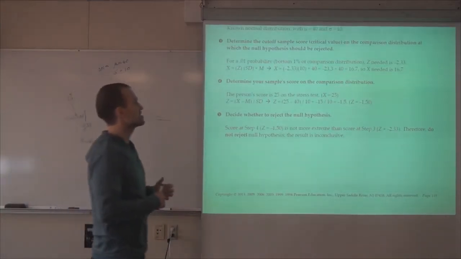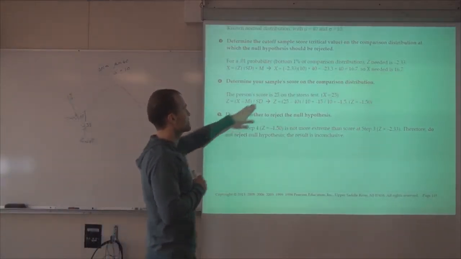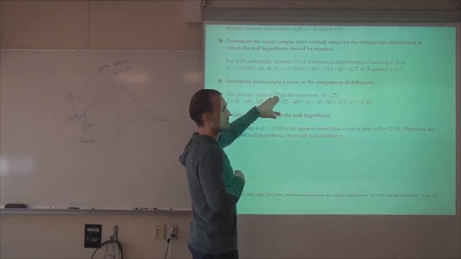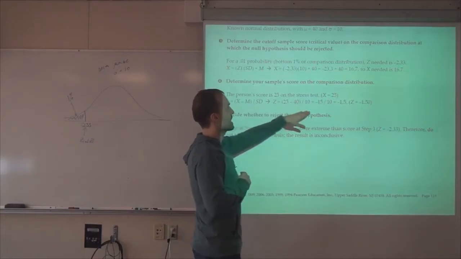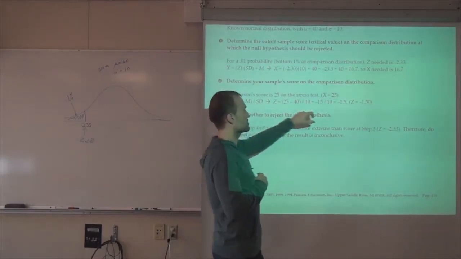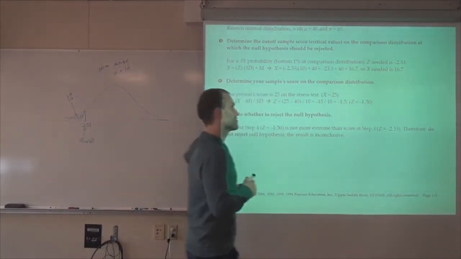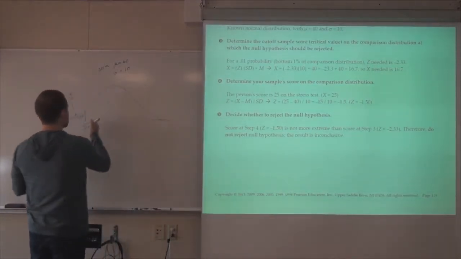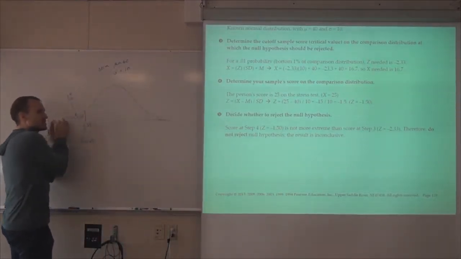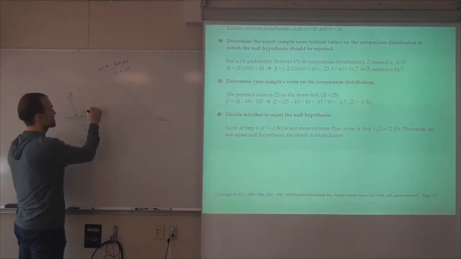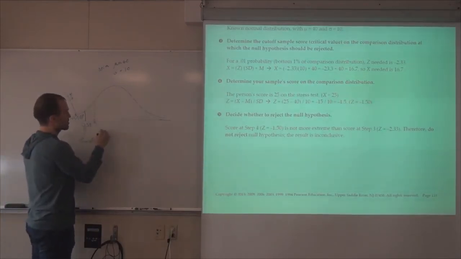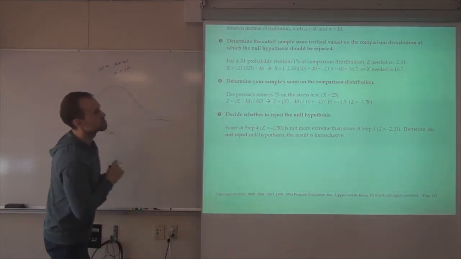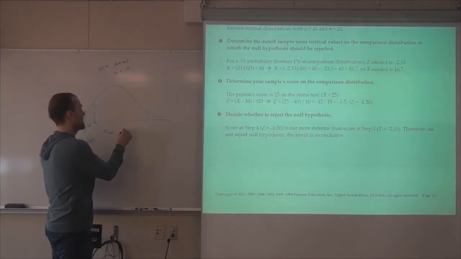Another way that we usually do it is to take the 25 score from my sample and convert that to a Z score, and with the formula that we've seen before, I get negative 1.5. So I'll call my Z observed negative 1.5.